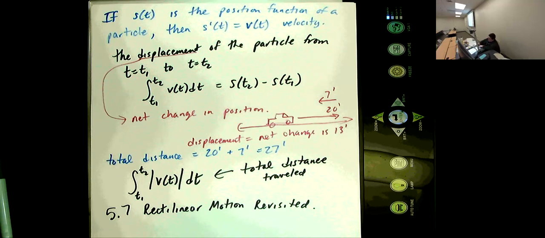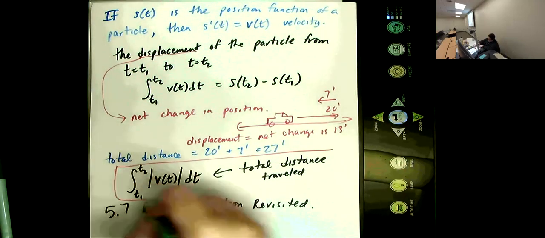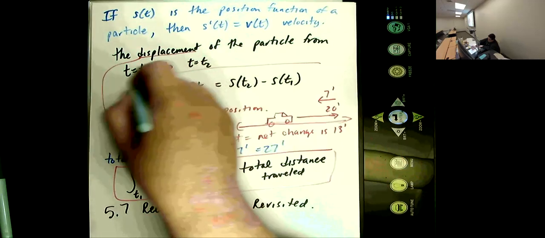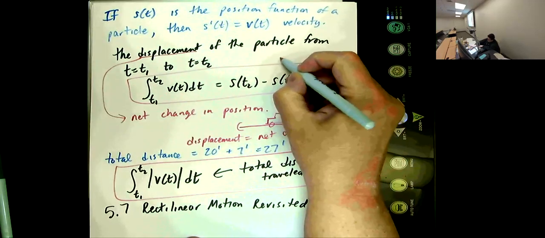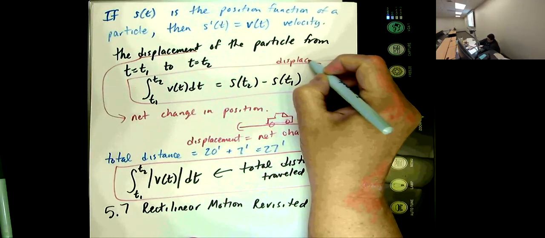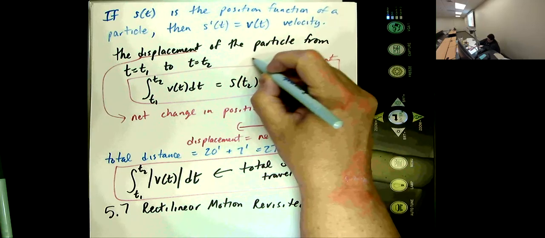I'm going to throw a box around this. This is total distance traveled, and this is displacement. Because those are both 5.7 ideas.